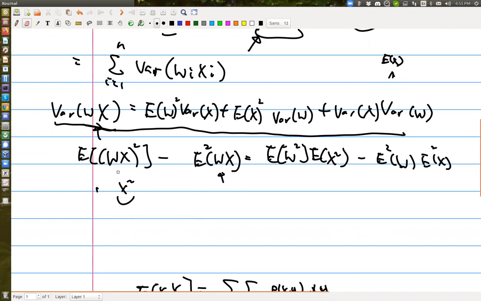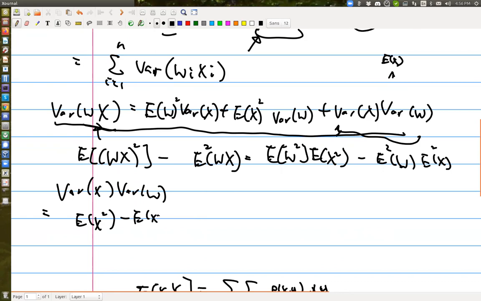Now let's look at the other term here. Let's start with x first: the variance of x times the variance of w is equal to the expectation of x squared minus the square of the expectation of x, times the expectation of w squared minus the square of the expectation of w, right?